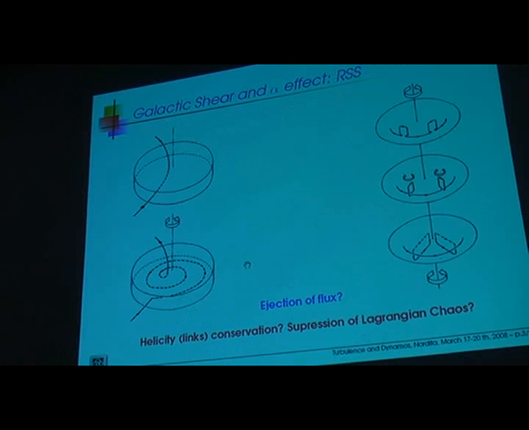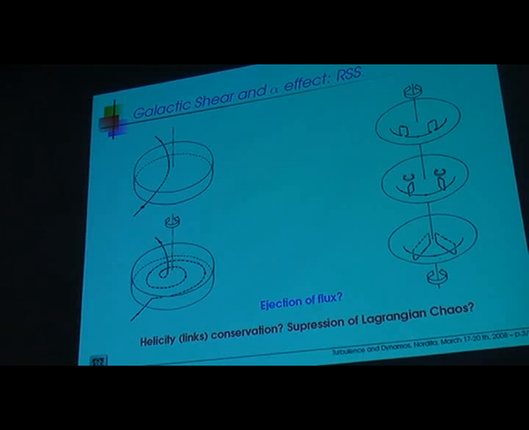Now, there are certain problems associated with it. There are several problems. Russell Kurzweil keeps emphasizing this problem of getting rid of the wrong sign of the flux from this disk, and that's the ejection of flux. I'm not going to talk much about that. People have raised the problem that, having generated these poloidal fields, you have created links between the toroidal and poloidal fields.